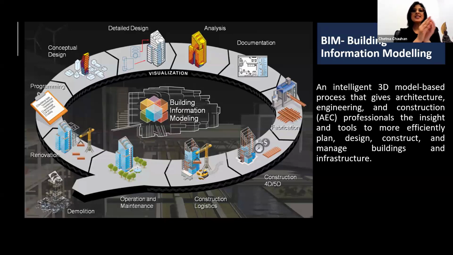It's a process in the life cycle of a project, where from one stage of a project, let's say from programming to conceptual design to detailed design, all the way to documentation, fabrication, construction, there is an intelligent modeling happening. There is a modeling in which each stage requires some information, and that's why it's building, information, and modeling.